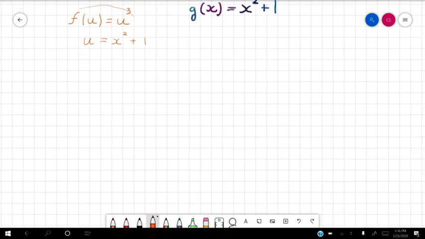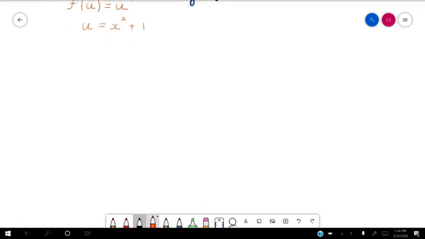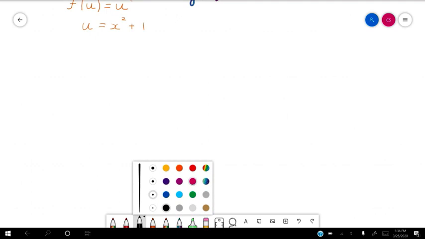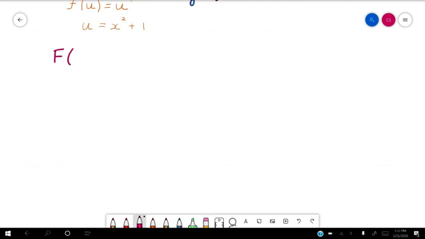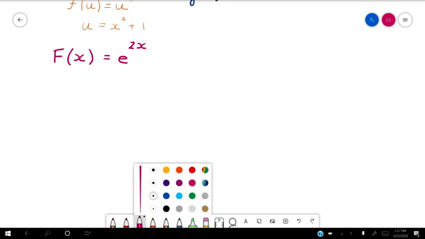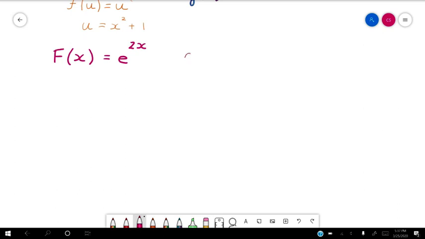All right, let's practice one more time. Maybe you guys can do this one on your own. Suppose we have a function, we'll call it f, and we're looking at e to the 2x. I want you guys to figure out the inside function and the outside function. Okay, so the outside function is f of x equals e to the x.